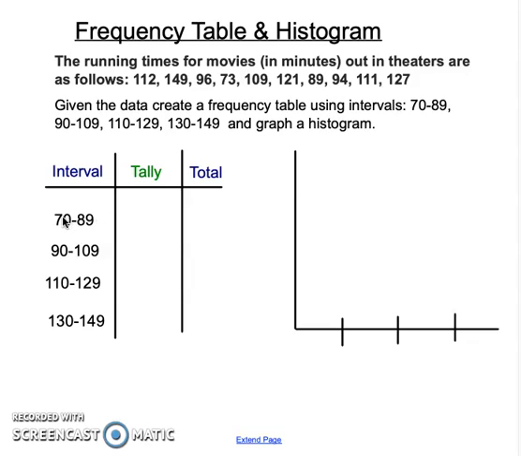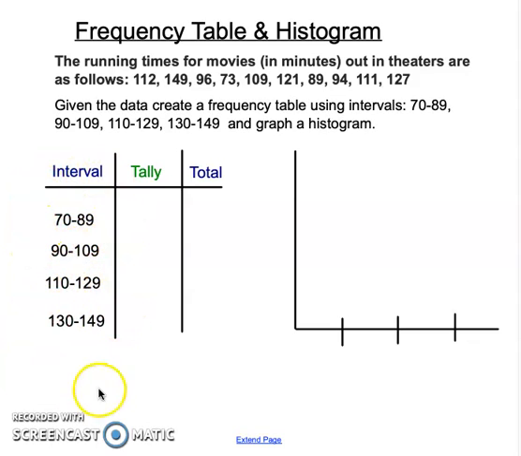If I'm aiming for 3 to 5 intervals, I know 80 is really nicely divisible by 4, gives me nice round numbers. So I'm going to break it up into 4 groups of 20. I'm going to start a new interval every 20: 70, 90, 110, 130. With these 4 intervals, I can get all those numbers between 70 and 150. So that's why these intervals were chosen.